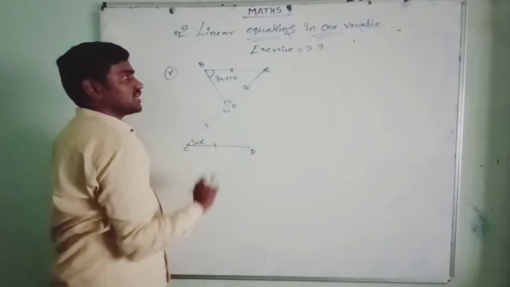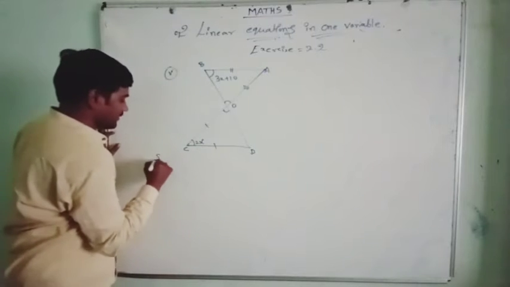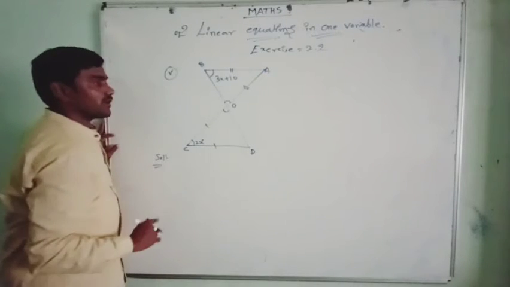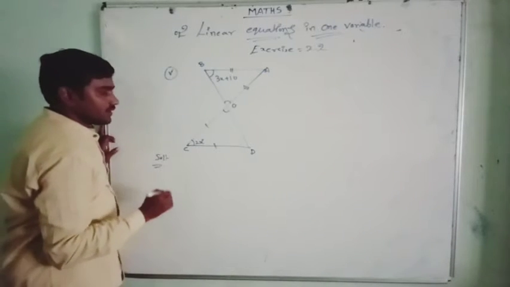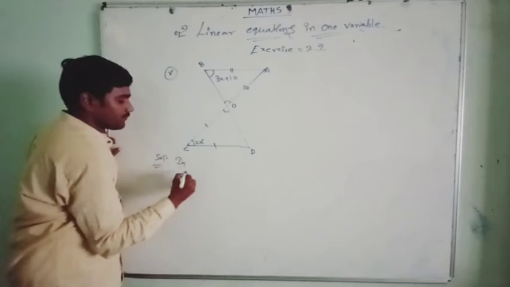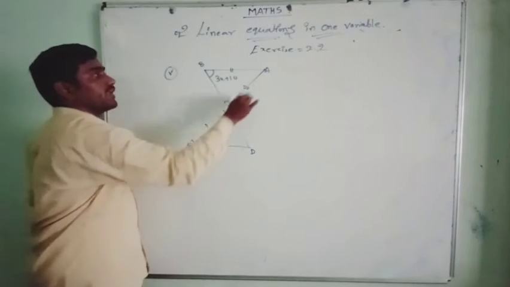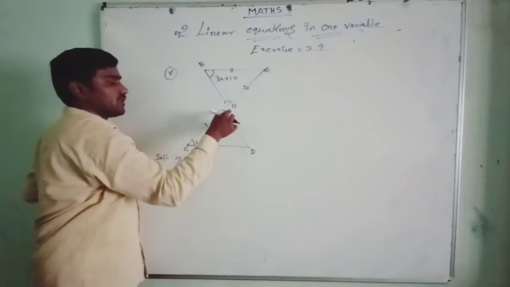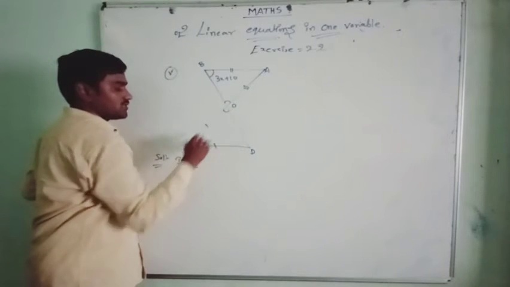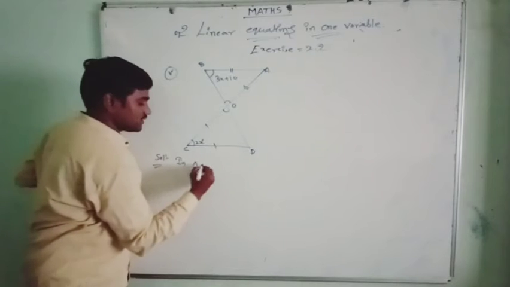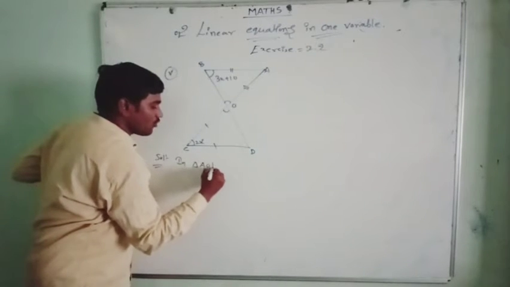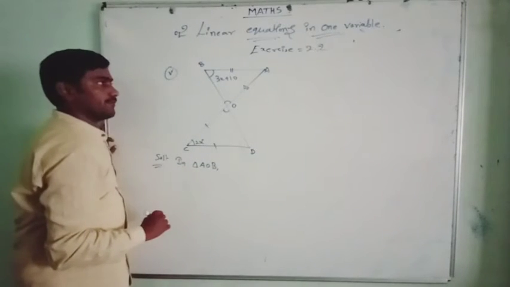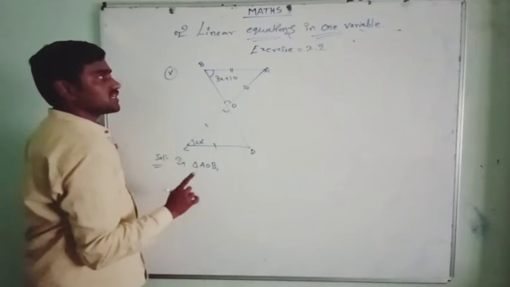If two sides are equal, let me write. Then in triangle AOB, in this triangle, there are two triangles here. See, triangle AOB and here triangle COD. Two triangles are there. And in triangle AOB, what sides are equal?